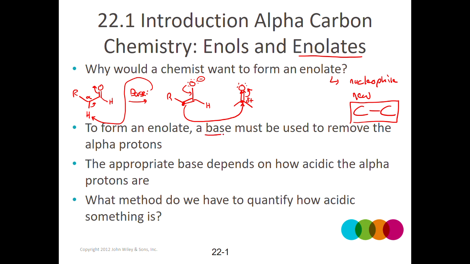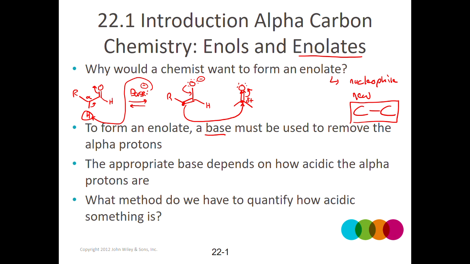So we need a base to remove the alpha proton, and we're going to talk about that. In this first step, where the enolate is formed, depending on how strong the base is and how unstable it is, that step may end up being in equilibrium, or it may be extremely product favored.